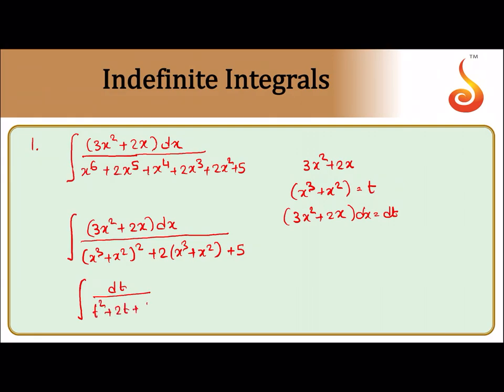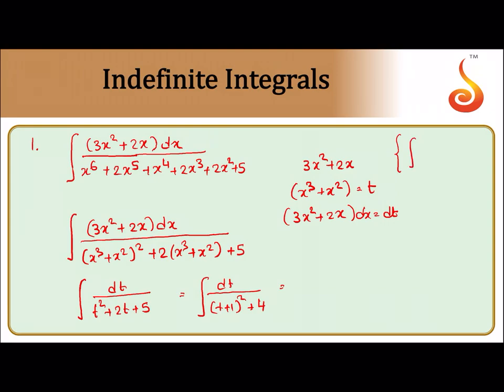So clearly this is nothing but dt by t square plus 2t plus 5. So it is in a standard form. What is its standard form? dt by (t plus 1) whole square plus 4.